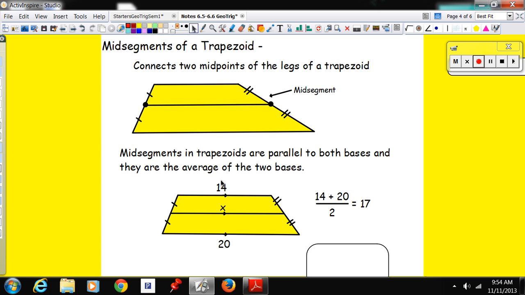So that'd be 17. So halfway between 14 and 20 would be 17. From 14 add 3, you get 17. You add 3, you get 20. So 17 is the exact middle number. That would be the mid-segment. It's the middle number, and it's parallel. That's what we call a mid-segment of a trapezoid.